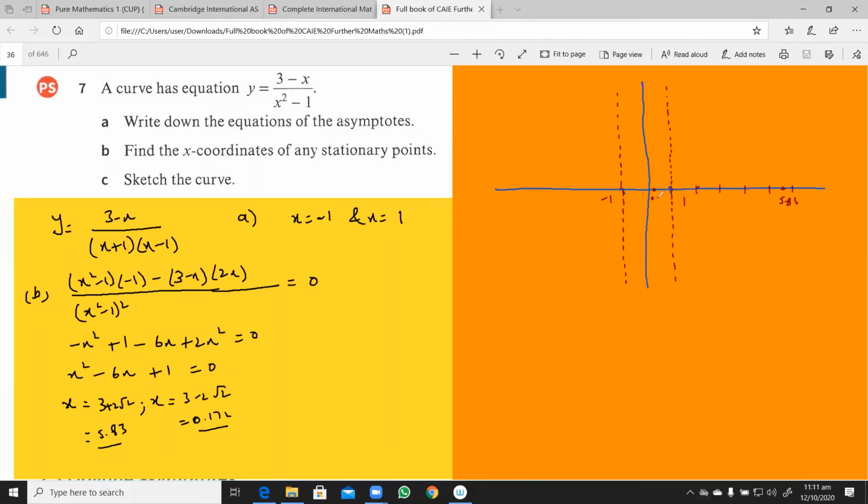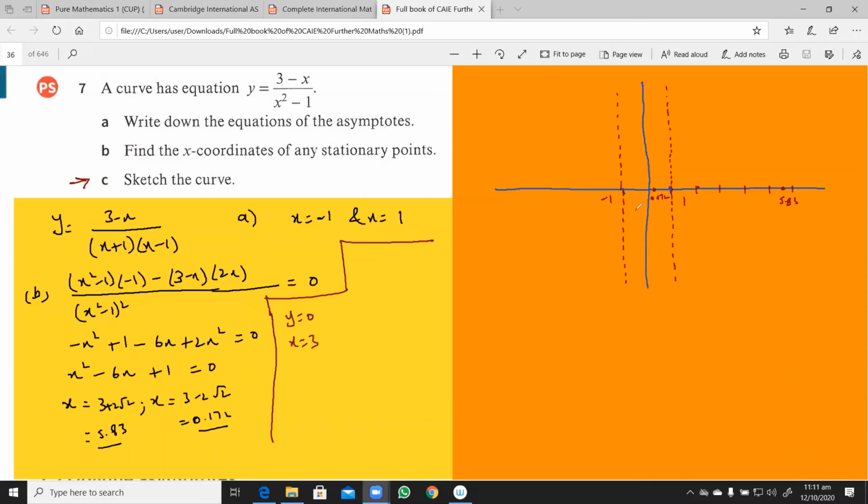Okay, this is 0.172. Now next thing is we need to know, he is just asking us to sketch this. Now we should be having the information about any intercepts. Okay, let's do that. So when I put y equal to 0, I get x equal to 3.